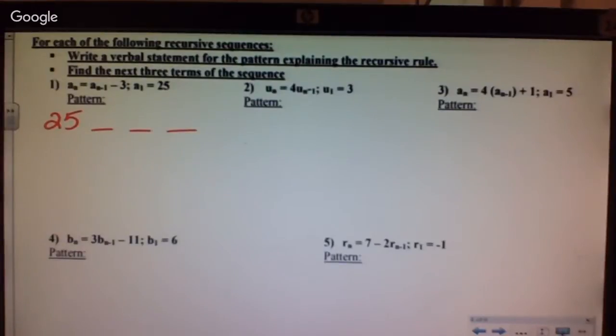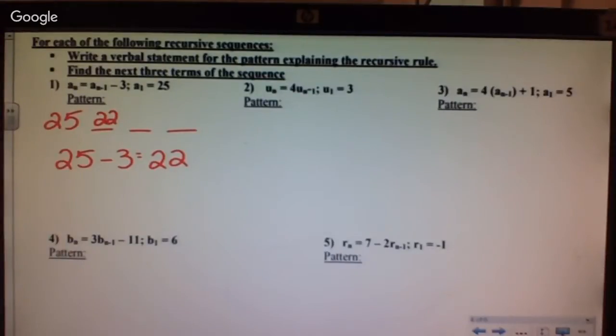I need to find those numbers using the equation. According to my equation, I'm taking the previous number and subtracting 3. So I'm going to do 25 minus 3, which gives me 22. So that is here.